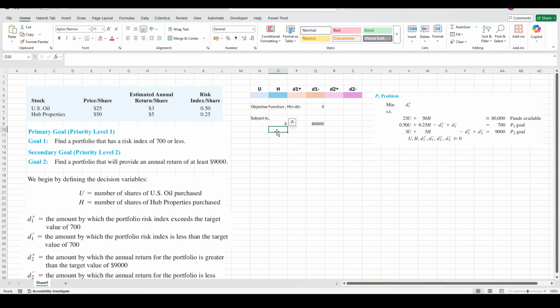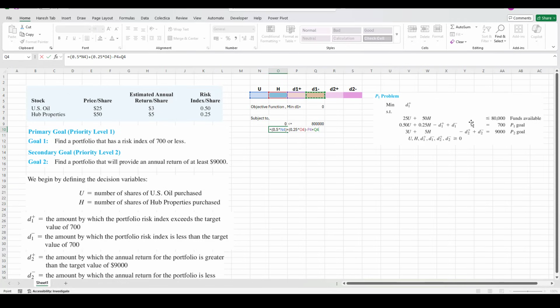Below this I will write the second equation, which is equal to, in brackets, 0.5 into U, bracket complete, plus another bracket, 0.25 into H, minus the D1 minus cell, sorry, minus the D1 plus cell plus the D1 minus cell.